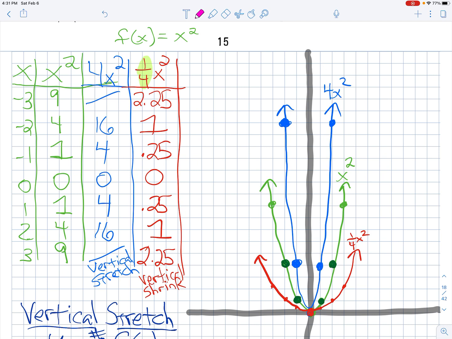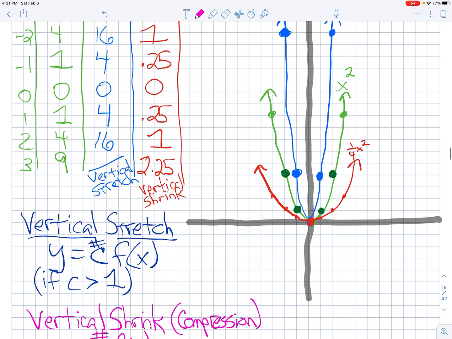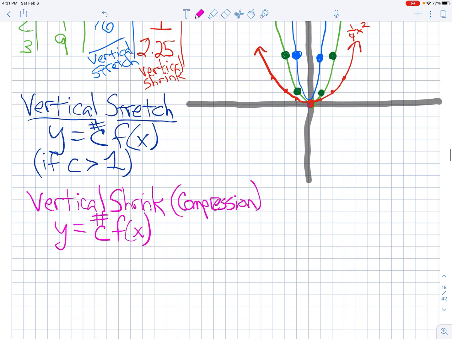What caused it to get closer to the x-axis than the original was the number it got multiplied by. By multiplying the y values of x squared by 1/4, those y values got smaller, thereby getting closer to the x-axis, causing it to be compressed vertically. So for your c value, people will say it's got to be less than 1.